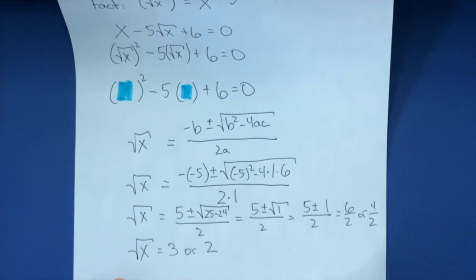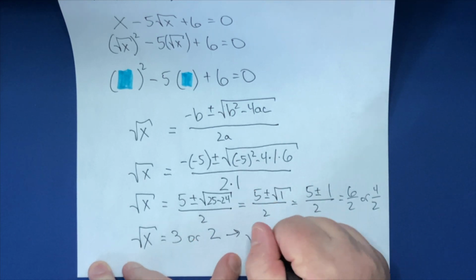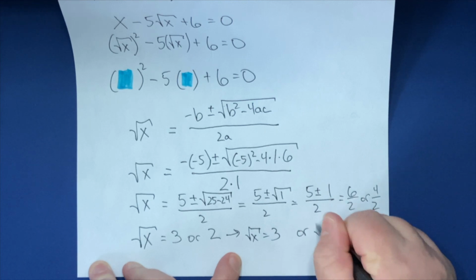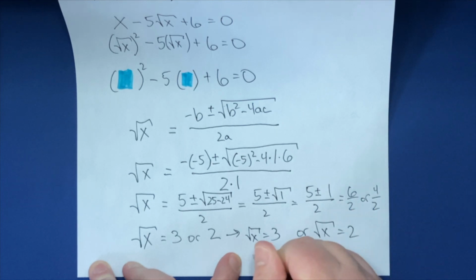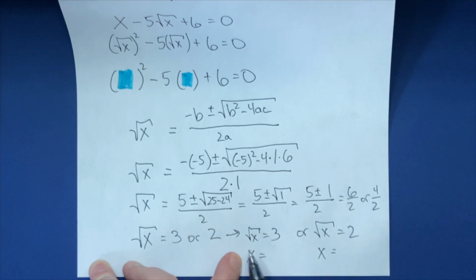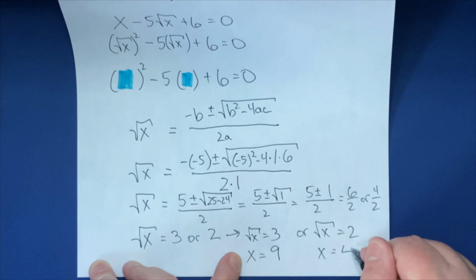So if I know that radical x equals 3 or 2, then that means radical x equals 3 or radical x equals 2. So what is x? Well, if the square root of x is 3, then x must be 9, or 4.